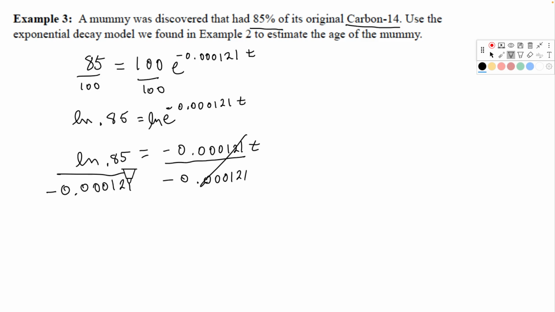Natural log of 0.85, I get negative 0.162518. And again, I just leave all those decimals in there. I go ahead and divide by negative 0.000121.